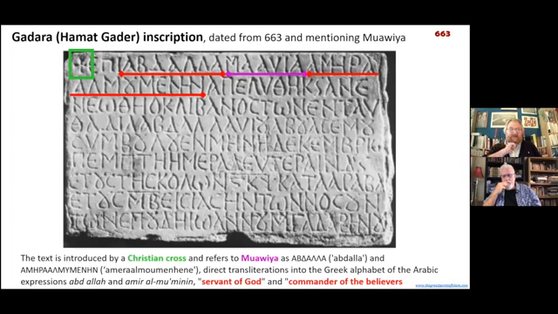And so this was not Islam yet. People were not speaking Arabic. People were not Muslim. They kept on using crosses. And Muawiyah might well have been the servant of the one God, the Islamic God, Allah, or the servant of a Christian Allah.